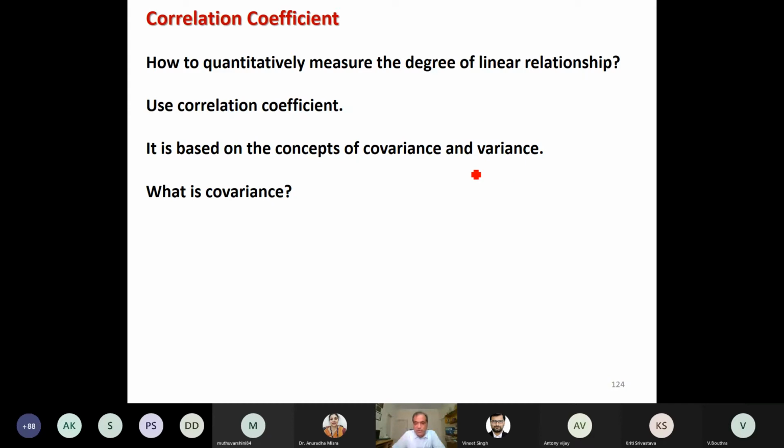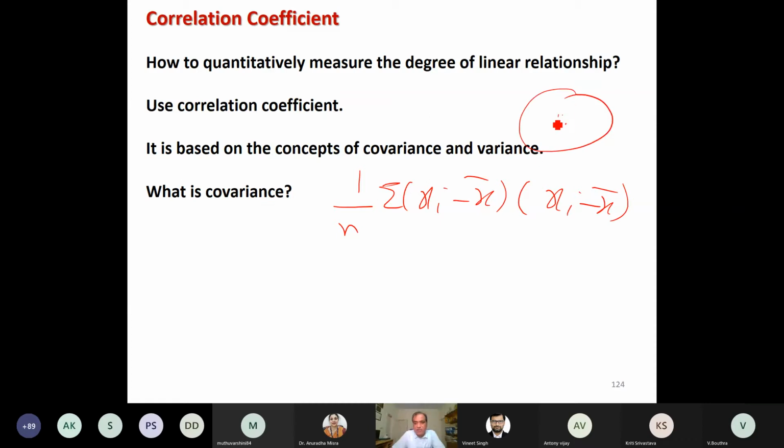Can you recall the concept of variance? Variance we had defined as summation of xi minus x bar whole square, right? So I can write it as summation of xi minus x bar into xi minus x bar, and it was trying to measure the degree of concentration around the central value.